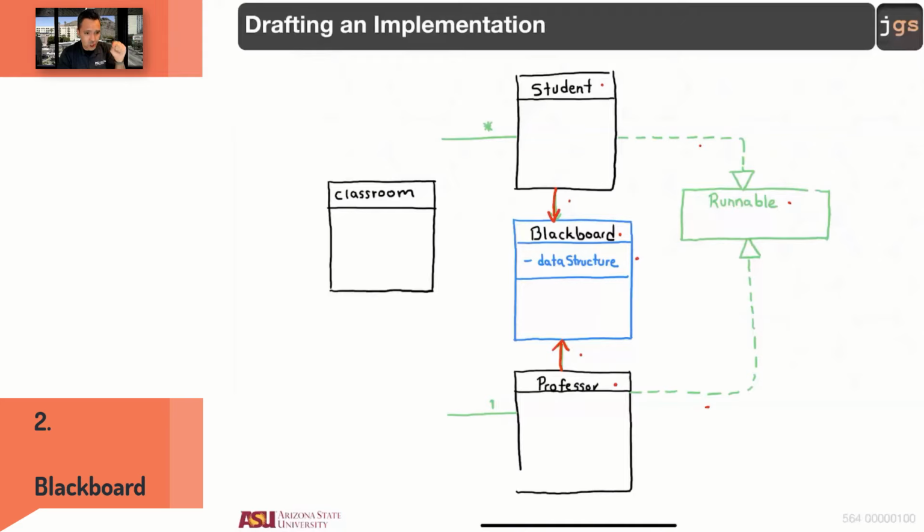So even though it works, I agree it could work, it's not a good idea just because it doesn't sound good. Again, the student is a child of the Blackboard, or the Blackboard is a child of the student. It's just not what you want.